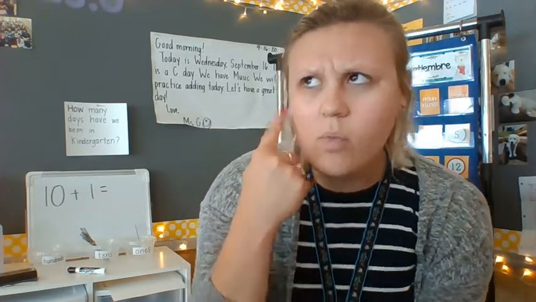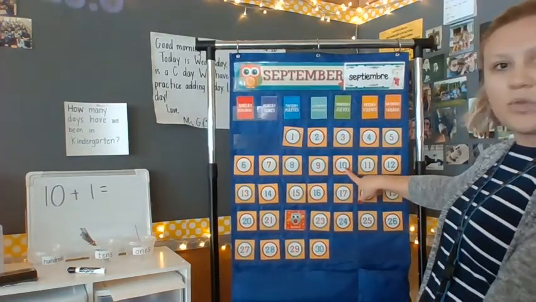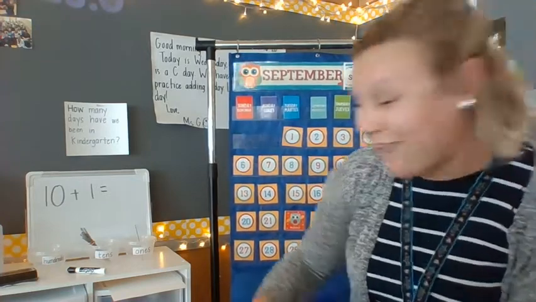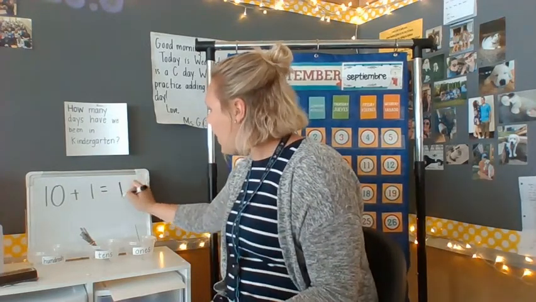Think about what is one more than 10. Let's take a look at our calendar. Maybe it'll help us. What's one more? If we do one jump, we get to 11. 11 is 2 ones put together. So we go 1, 1. And that is an 11.